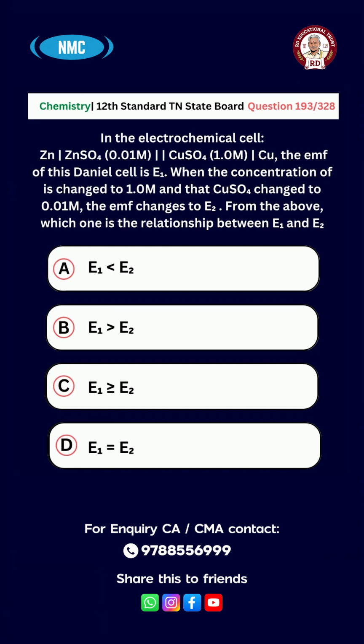From the above, which is the relationship between E1 and E2? Option A. E1 is less than E2. Option B. E1 is greater than E2. Option C. E2 is greater than or equal to E1. Option D. E1 is equal to E2. The correct option is option B. E1 is greater than E2.